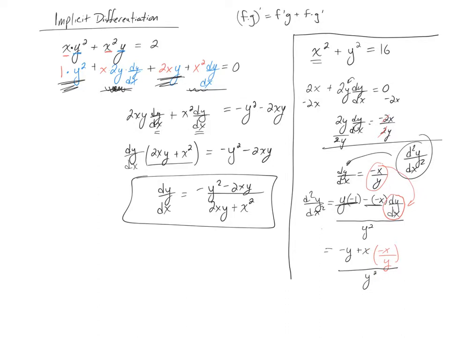I think I taught you earlier in the year that the best way to clean these guys up is to multiply through by the LCD of all the denominators involved. And of course, all the denominators involved is just this y that's right here. So if we multiply this thing by y over y, distribute this y over to here, you're going to get the opposite of y squared.